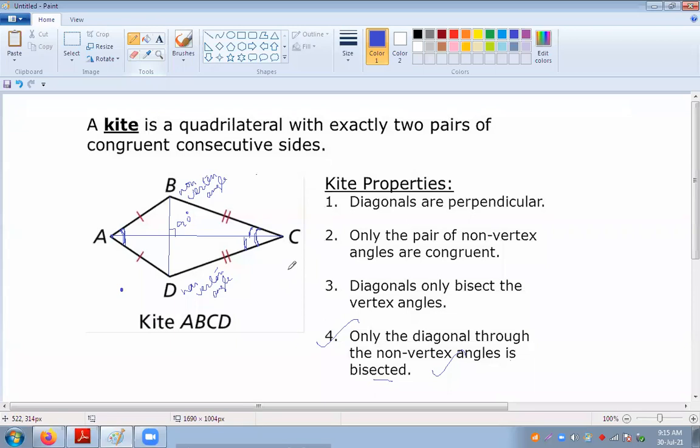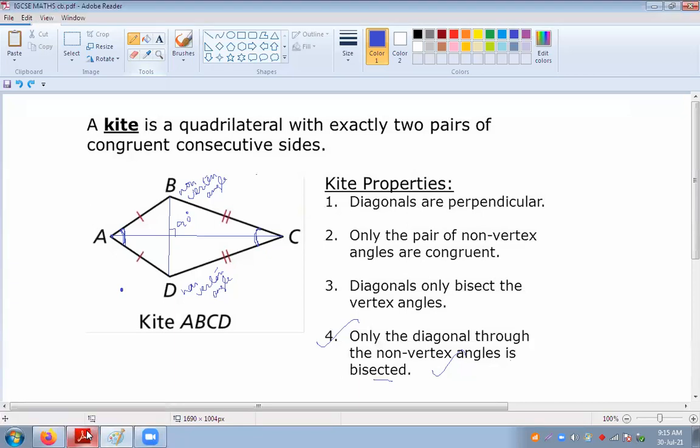That means they are bisected. So the diagonal AC is bisecting the vertex angles. All these are the properties of this kite.